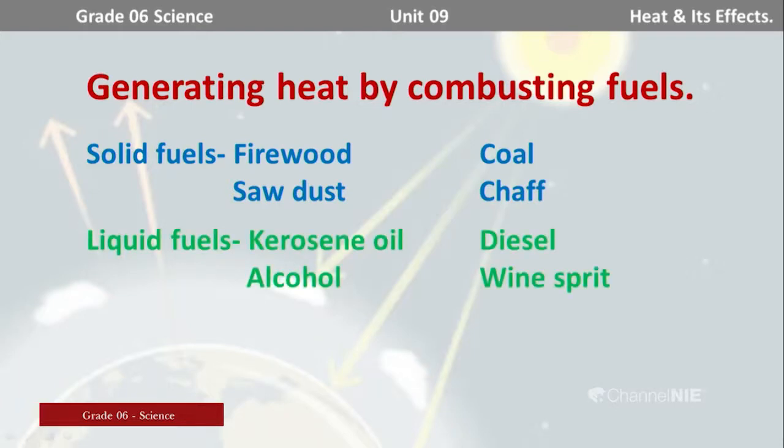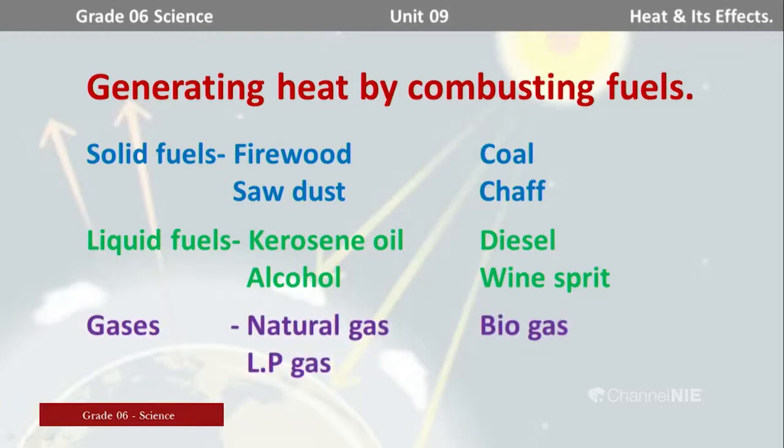Liquid fuels are available in the form of liquids: kerosene oil, alcohol, diesel, wine spirit. I know that you know some other answers. There are gaseous fuels also. They are natural gas, LP gas and biogas.